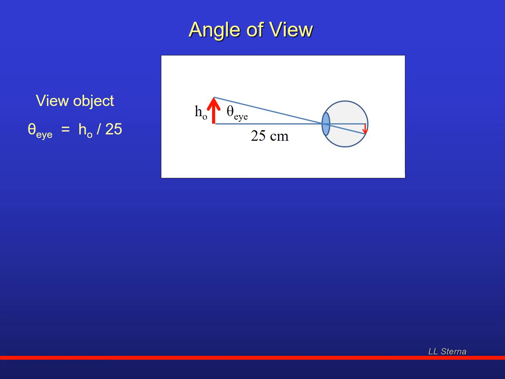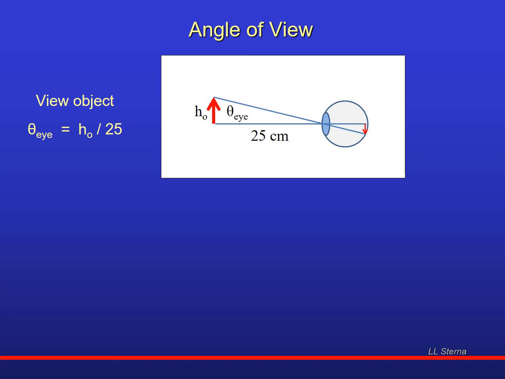And if you want to see it as close as possible, that's going to be 25 centimeters. Remember from the video talking about vision correction, you can't really focus if something is closer than 25 centimeters. Not normally. So the best you can hope for is to bring that object to 25 centimeters.